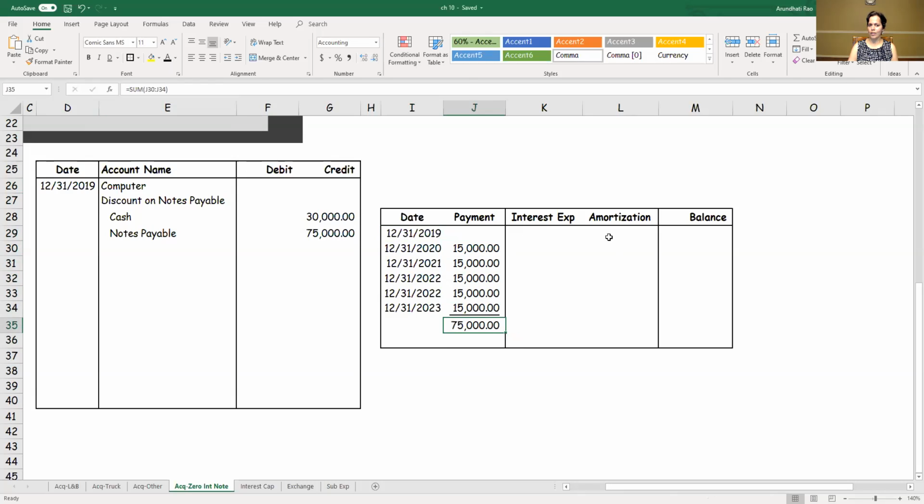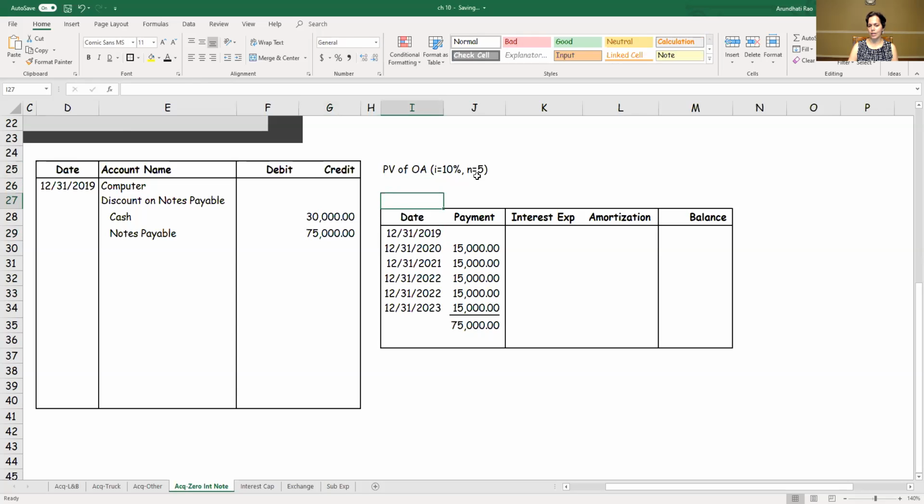But before that, we need to find out what is the present value of the $75,000. So the present value of $75,000 is a present value of the series of cash flows. So I have a series of cash flows, that's an ordinary annuity. So I need to calculate the present value of an ordinary annuity. The interest rate is 10% and the number of periods is 5.